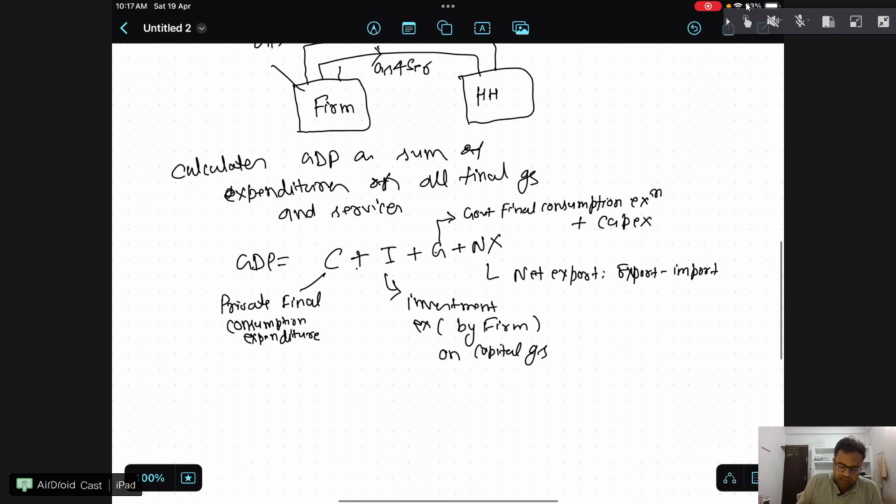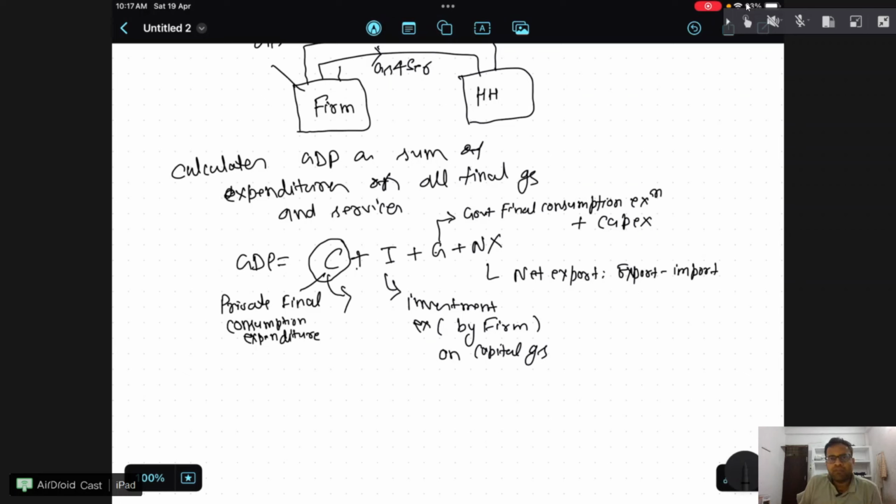So, the types of expenditure. First is the private final consumption expenditure. The expenditure made by households on buying goods and services is known as private final consumption expenditure, the first type of expenditure. The second one is the investment expenditure.